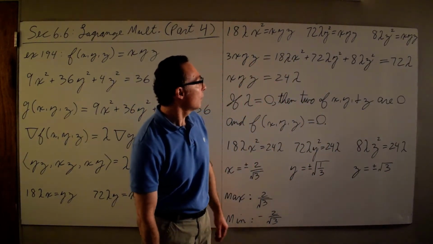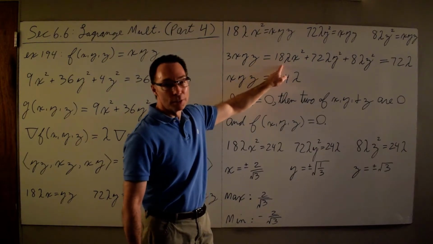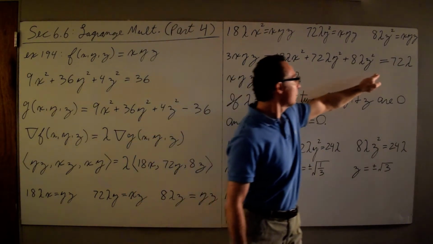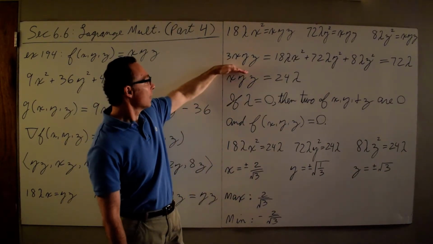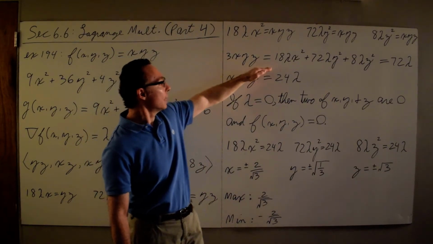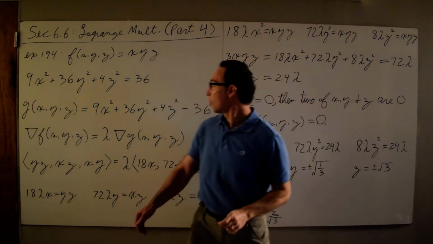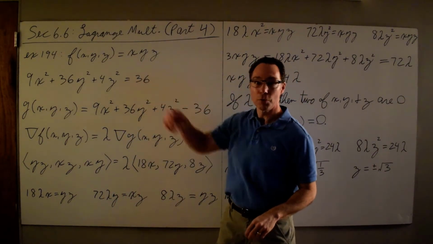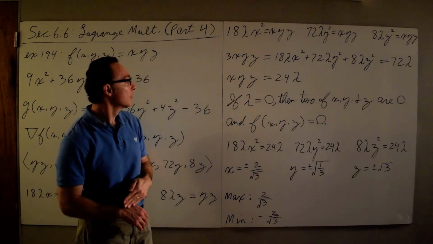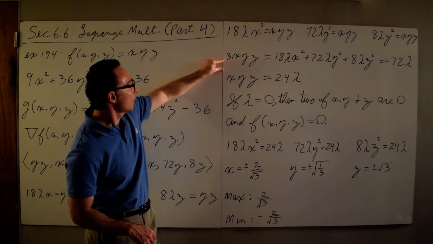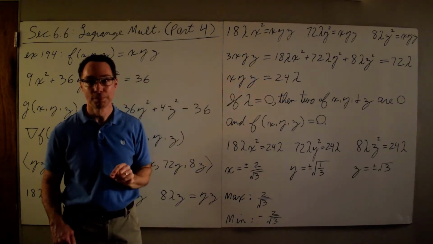When we factor a lambda out, we have exactly 2 times that, so we have 72λ. That comes from factoring a lambda out and noticing that from our constraint, we just have 2 times 36. So divide both sides by 3. We have xyz = 24λ.